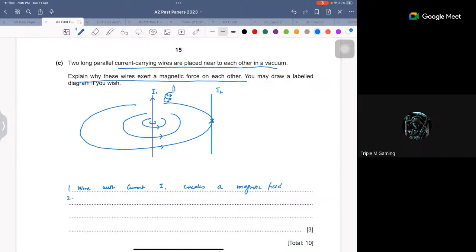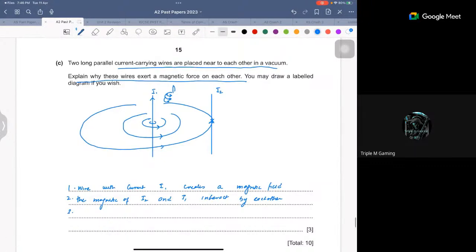Then for the other mark, I'm going to say the magnetic fields of I2 and I1 interact with each other.